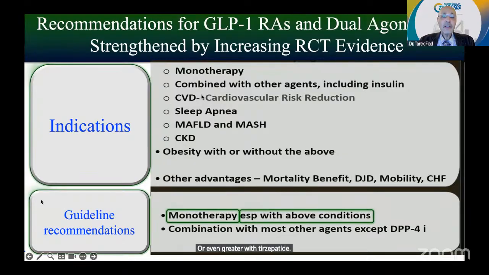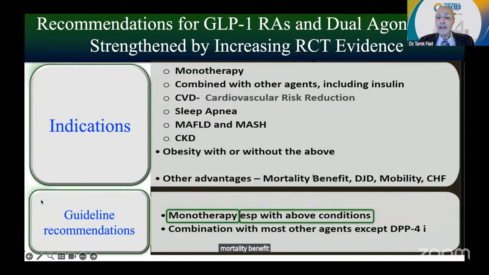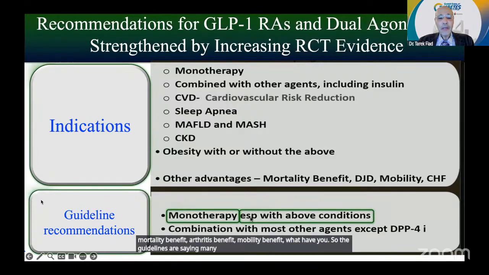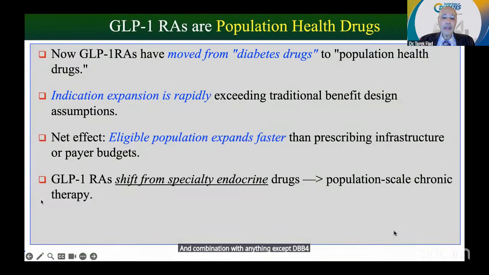Cardiovascular risk reduction, another indication for injectables. Sleep apnea, tirzepatide is an indication. MASLD and MASH, chronic kidney disease, obesity per se, with or without the above, mortality benefit, arthritis benefit, mobility benefit, what have you. So the guidelines are saying monotherapy, especially with these conditions, and combination with anything except DPP4 inhibitors.